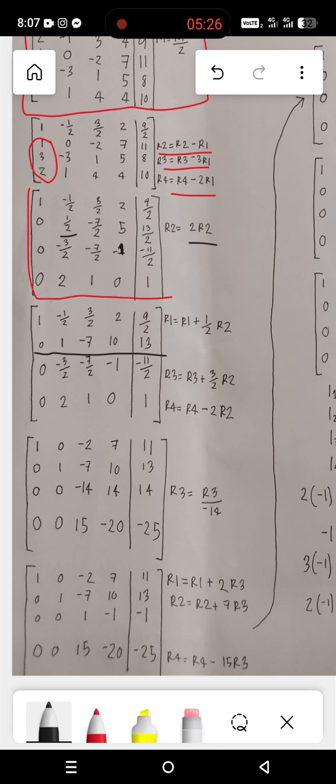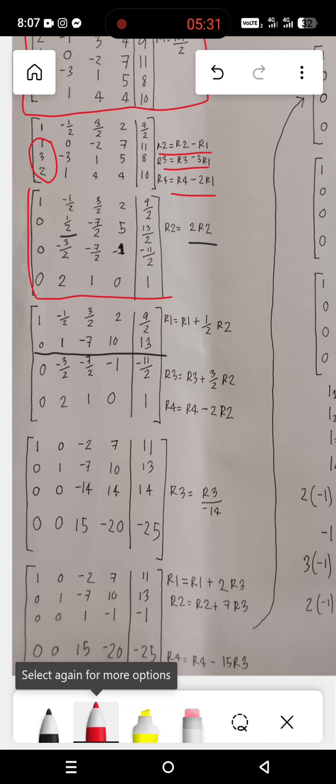And next we're going to work on the remaining values, and we need to turn those into 0. That's why we have this guide.